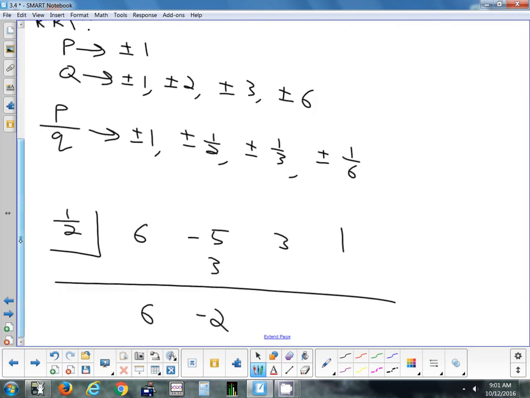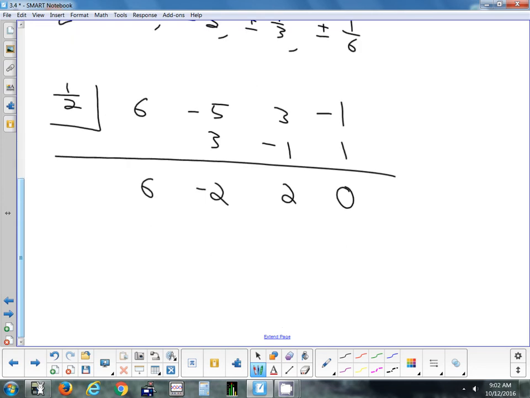Thank you. Didn't mess us up yet, but it would have. What's half of -2? -1. Plus 3. 2. And half of 2? 1. And plus -1? 0. So we just proved that x minus a half is a factor, which means 1/2 is a root.